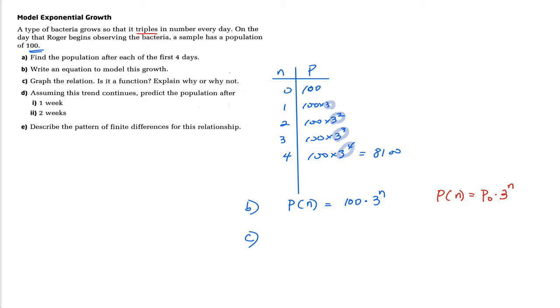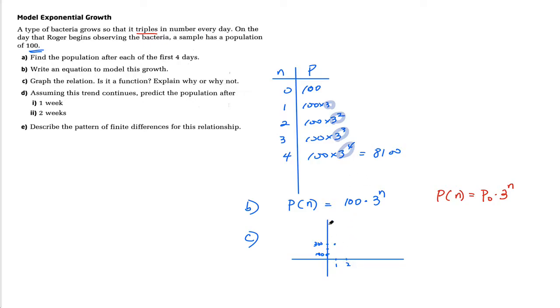Okay, let's continue. Graph the relation. Is this a function? These are basically our points. When n is 0, it's 100. So let's go up by 100. Next one is 300. When it's 0, it's 100. When it's 1, it's 300, and when it's 2, it's 900.